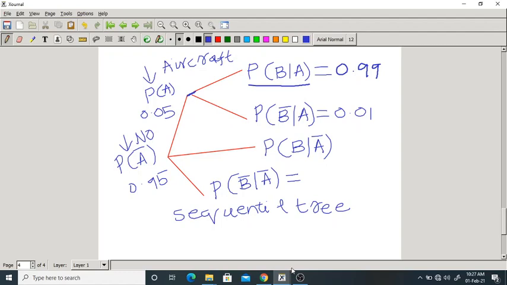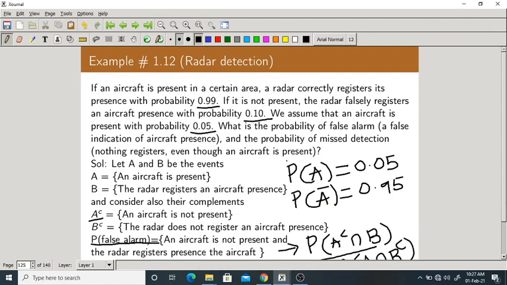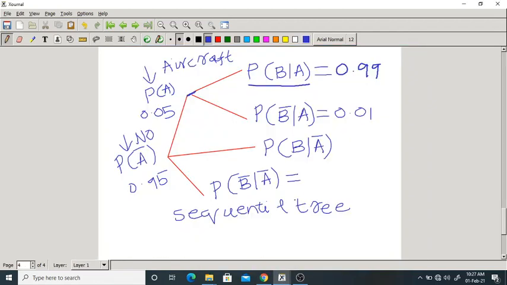So what is given in the problem? If it is not present, the radar falsely registers an aircraft presence with a probability of 0.10. Read this sentence carefully. Even though there is no aircraft, the radar will identify its presence. That is given as 0.10.